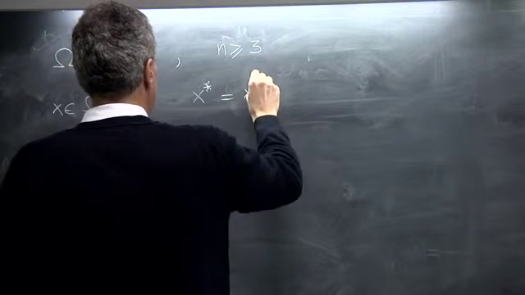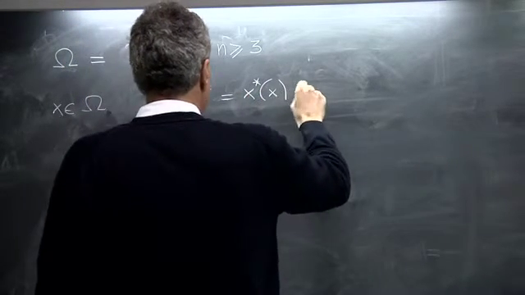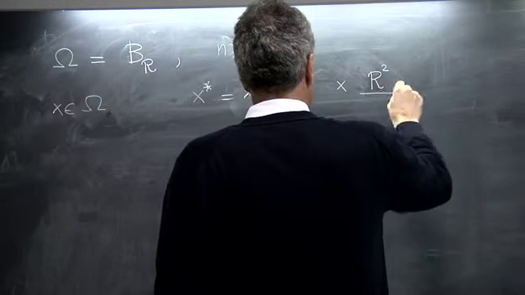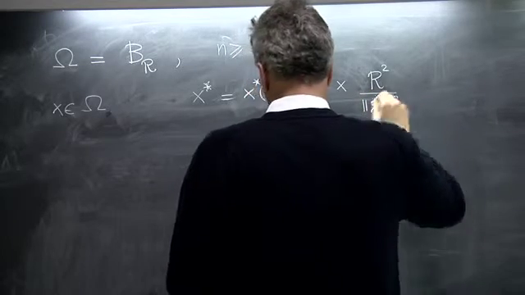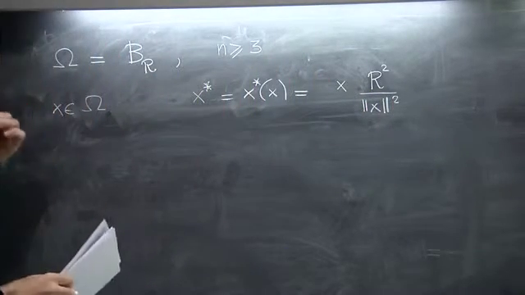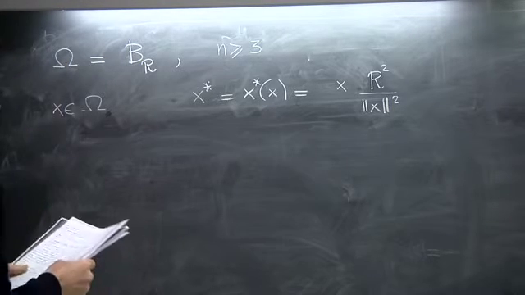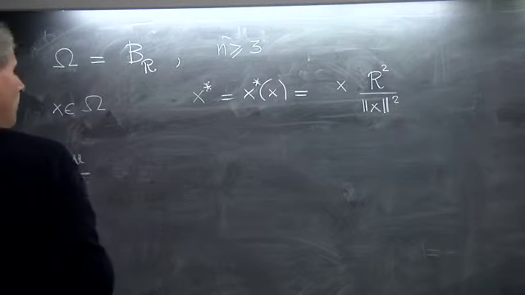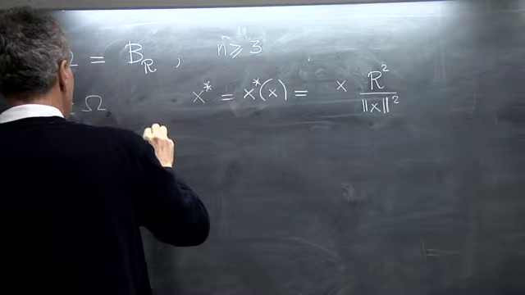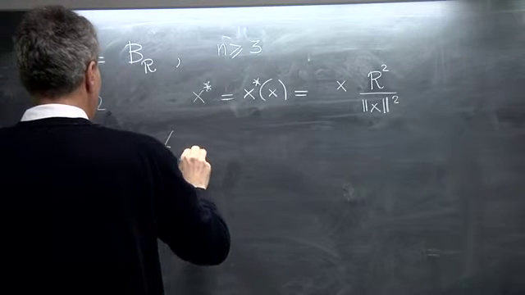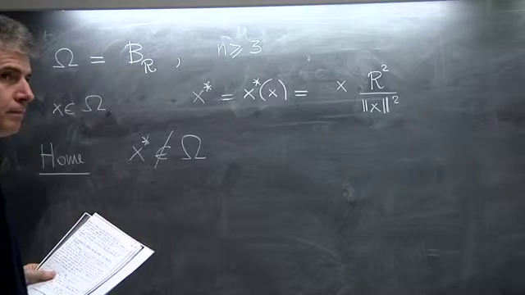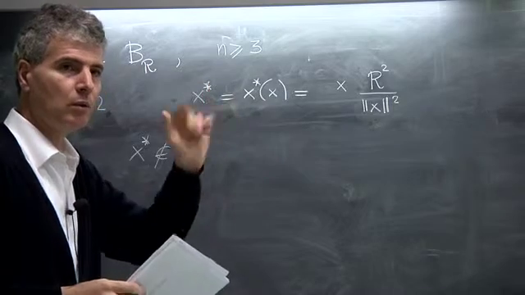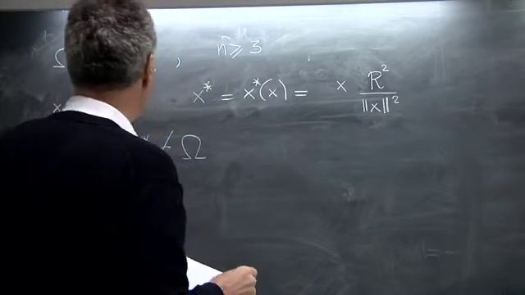X star actually is a new point depending on x, which is along the direction of x. Homework: check that x star is outside omega. So if x is inside, this point is outside. Sort of a specular point. Now we will see in which sense it is specular.